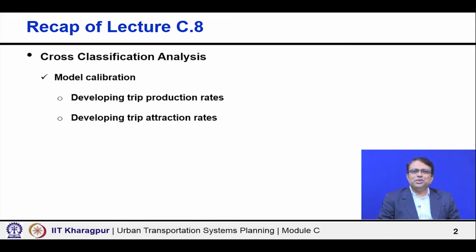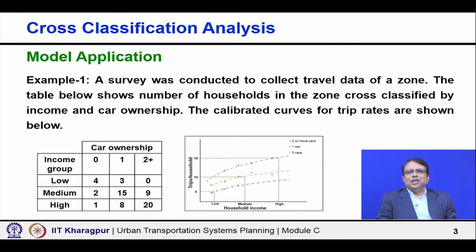That ultimate purpose is to apply those for a future scenario. So, in this class, I am going to discuss the application part, how to apply these trip rates, which we have developed using the cross classification techniques, for forecasting trip productions and attractions for a given zone or study area. So, let us come to the model application part.